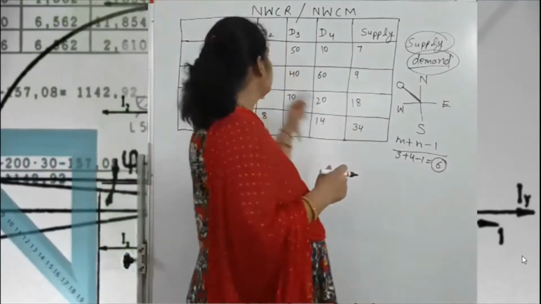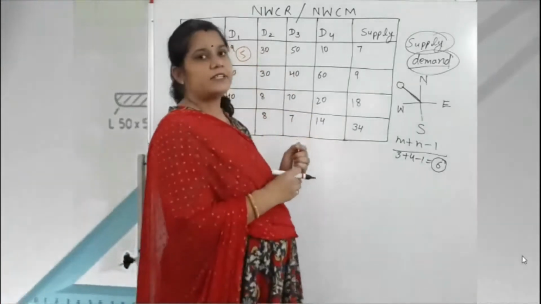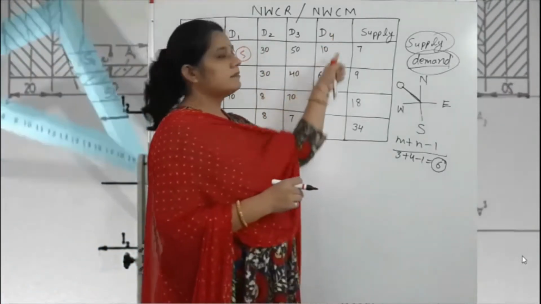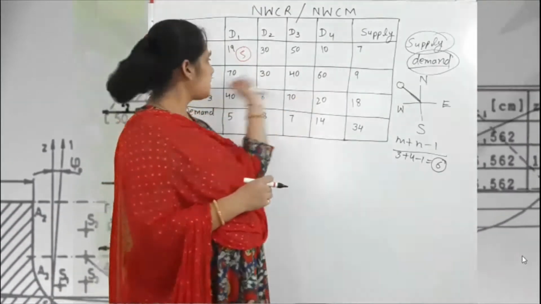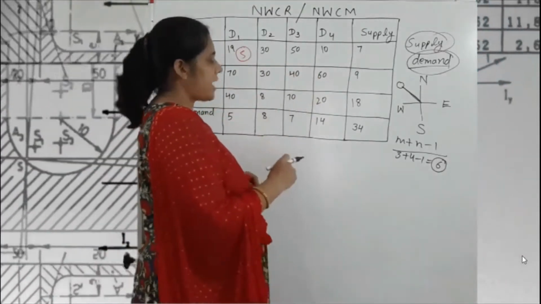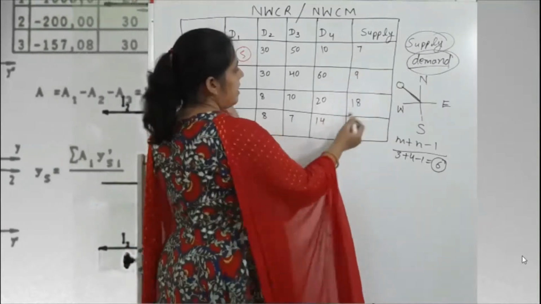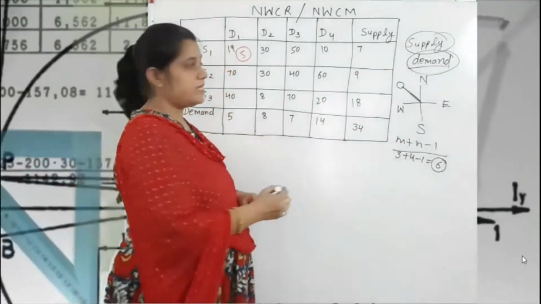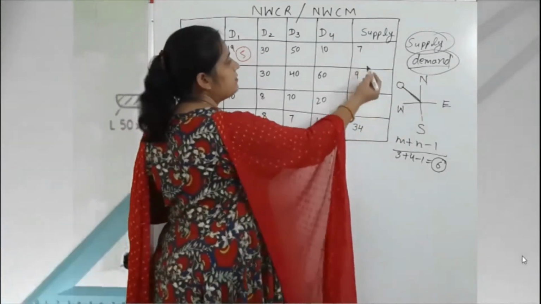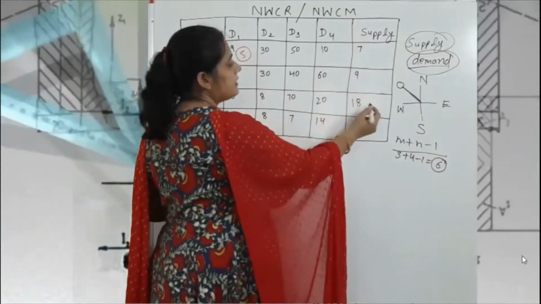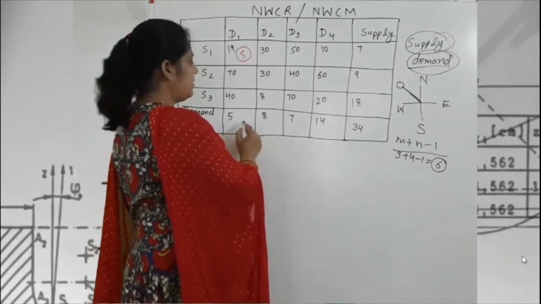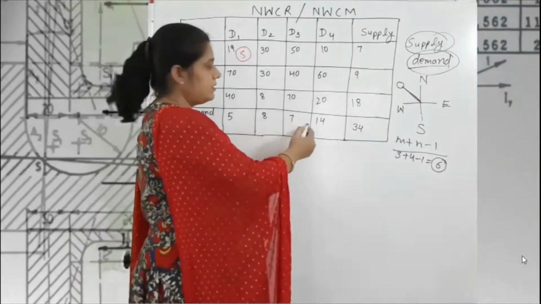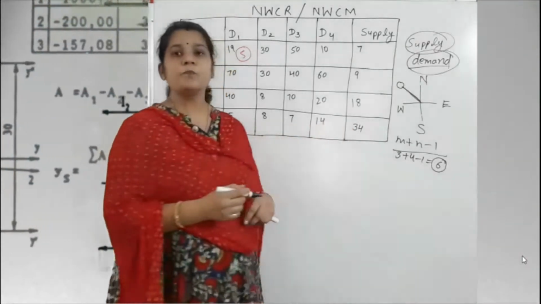Okay, so here our question is given with four demands and 3 supplies. First we check whether our supply and demands are equal. That means first we check 7 plus 9 plus 18 is equal to 34, and here 5 plus 8 plus 7 plus 14 is equal to 34.